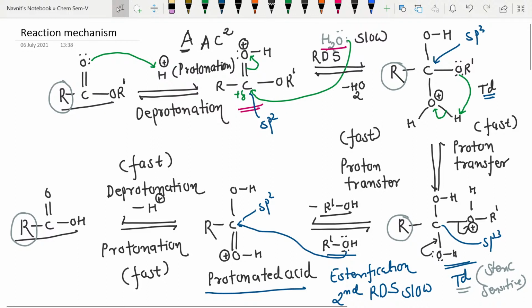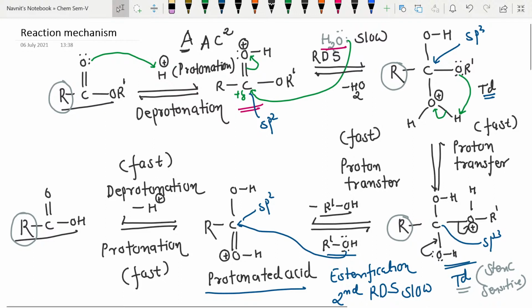If you observe, in the rate determining step, two species are involved: one is the protonated ester and the other is the water molecule. That's why this reaction is bimolecular. But if I talk about the overall order of the reaction, it is a pseudo first order reaction. It looks like a second order reaction, but it is not a second order reaction.